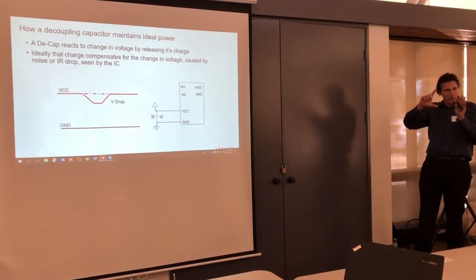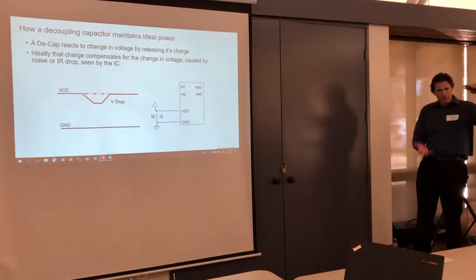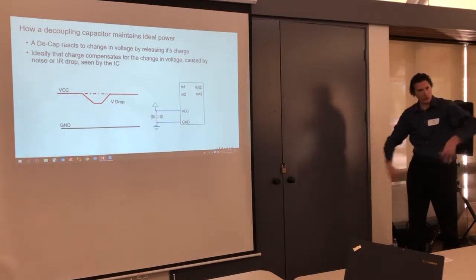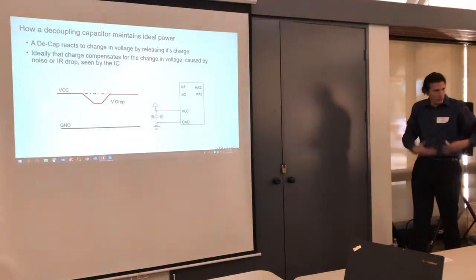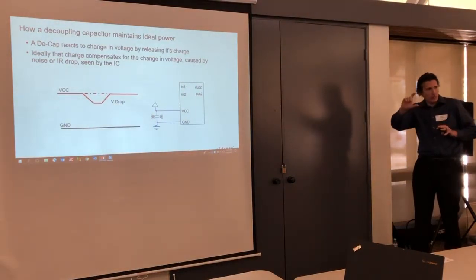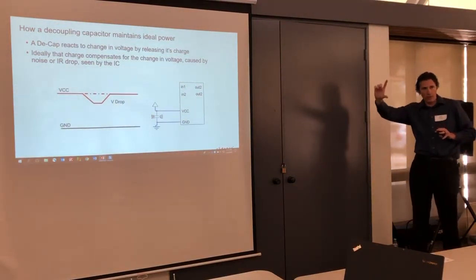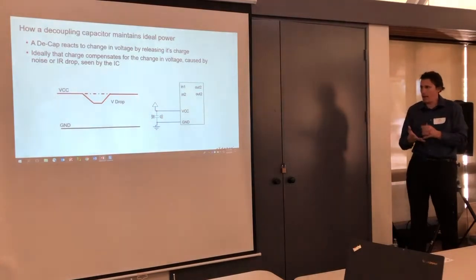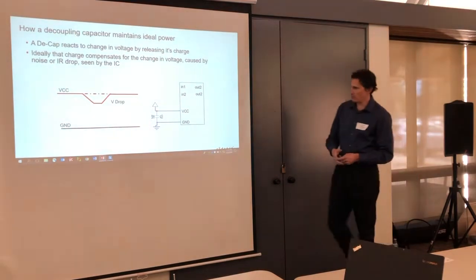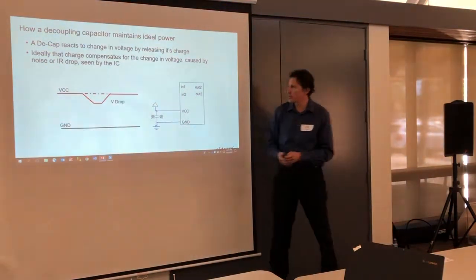But as soon as the capacitor senses that the voltage on its output is not the same anymore, it starts releasing all its stored energy. And so designers use that to their advantage by putting those decoupling capacitors close to the power pins of the ICs, so when that power level drops on the IC, the capacitor says, oh cool, I've got some energy, boop, here you go, have it. Okay? So that's why you have all these capacitors connected to power and ground.